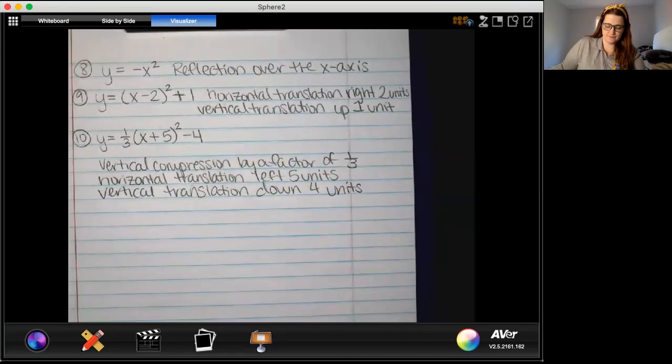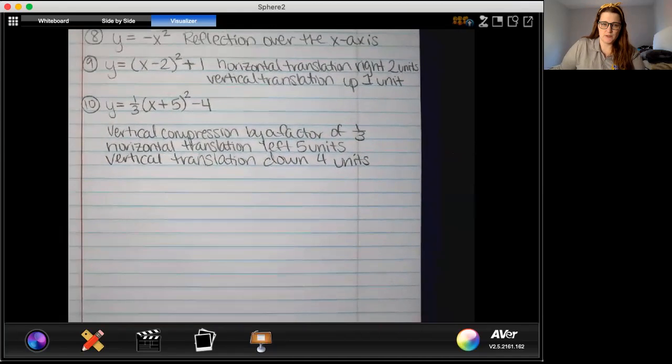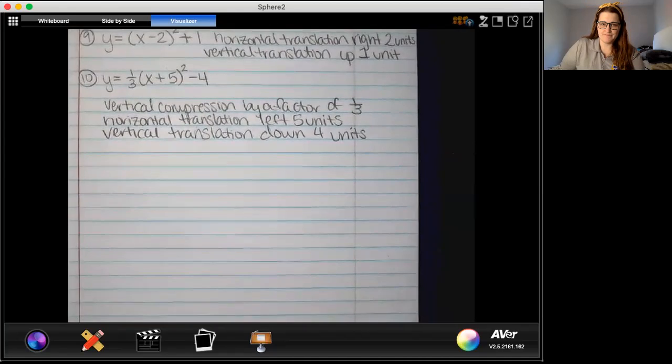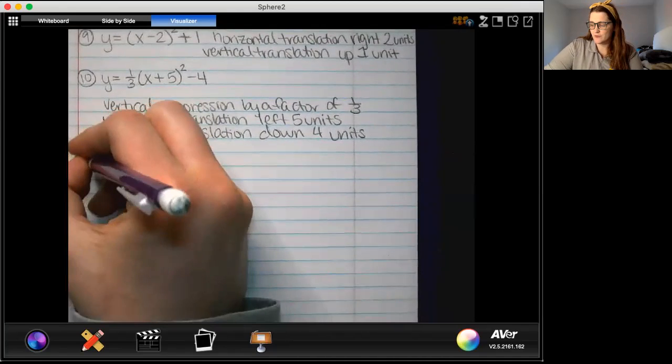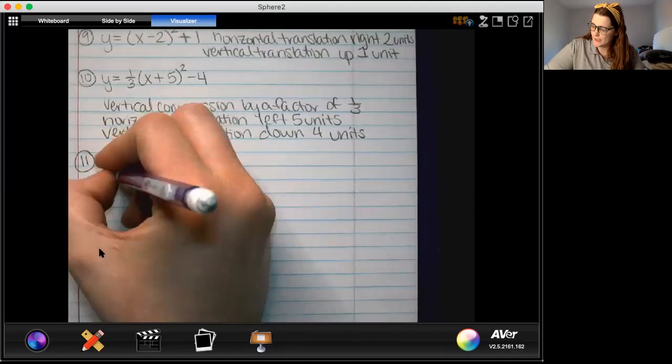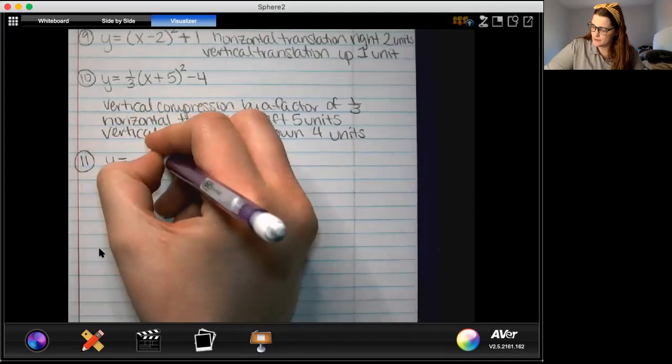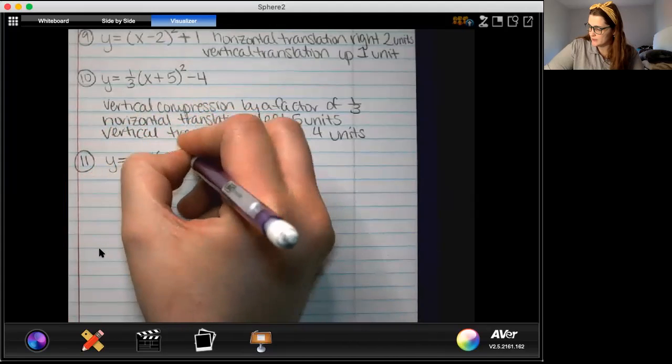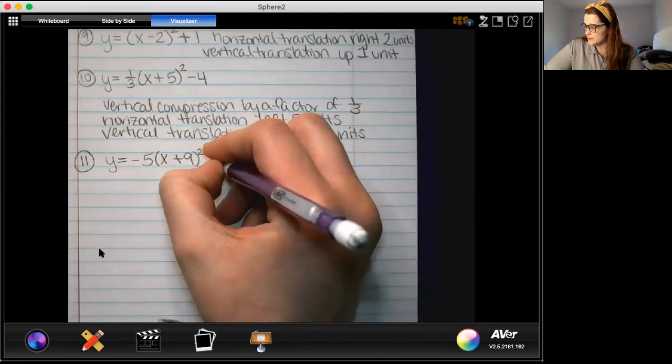Any questions so far of how we're combining these? Okay, let's try the next one then. y equals -5 times the quantity (x plus 9) quantity squared plus 2.